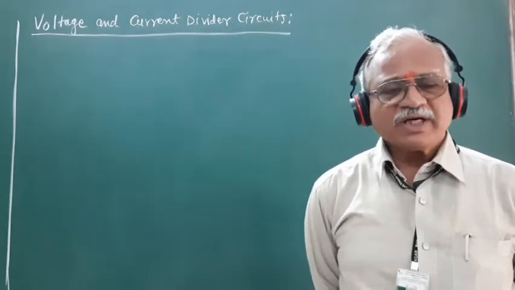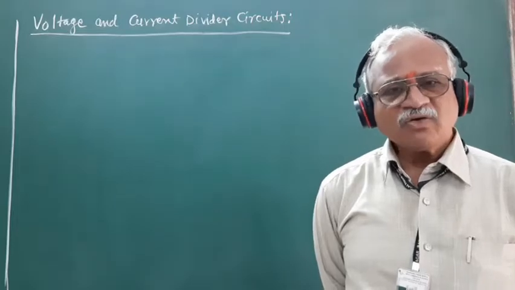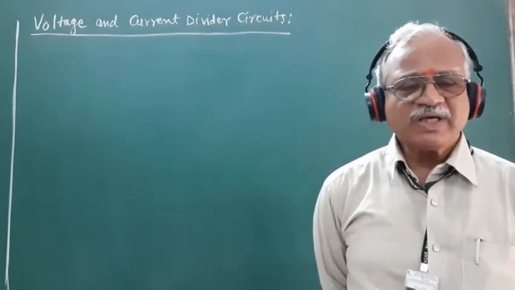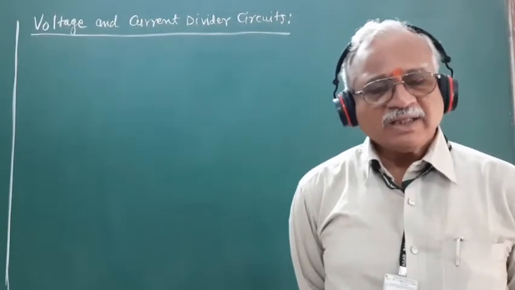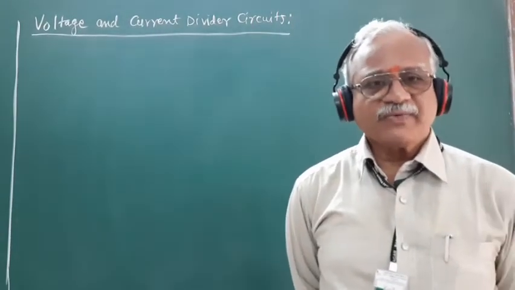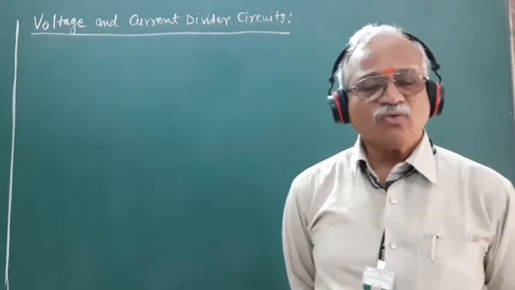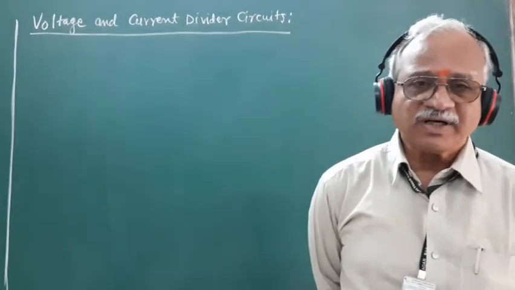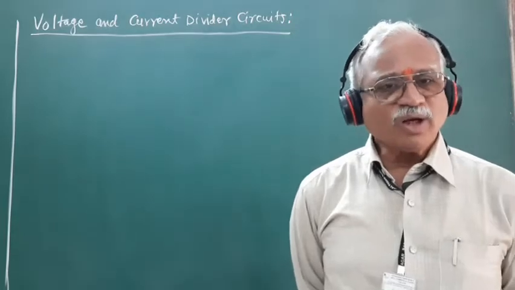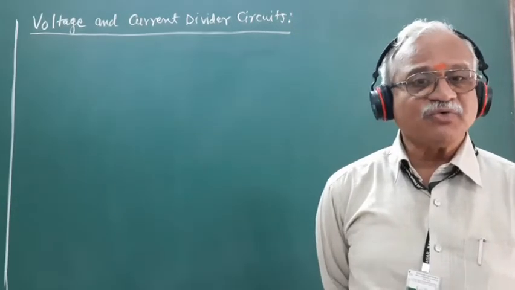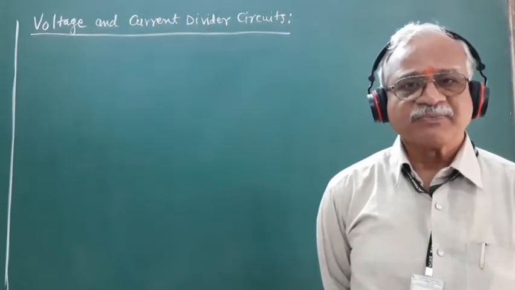However, if we connect a number of resistors in parallel, and across this parallel combination a certain voltage source is connected, then that source of EMF supplies a certain current to the circuit, and depending on the values of the different resistors, the total current drawn from the source is distributed in the different branches or through the different resistors.